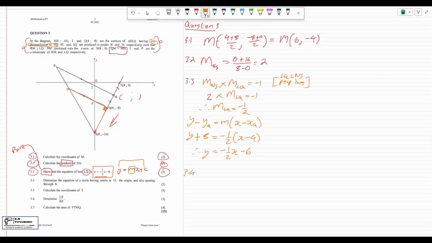3.4. Determine the equation of a circle having center at O, the origin, and also passing through S. Okay, so what they're telling us is that there's a circle with center O, right?